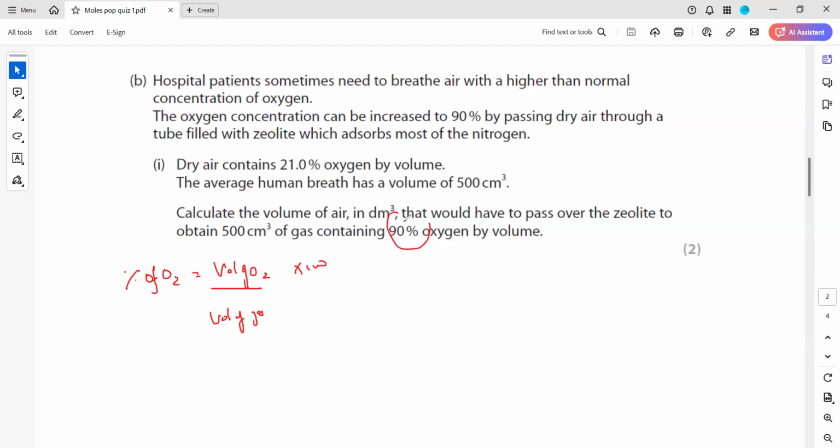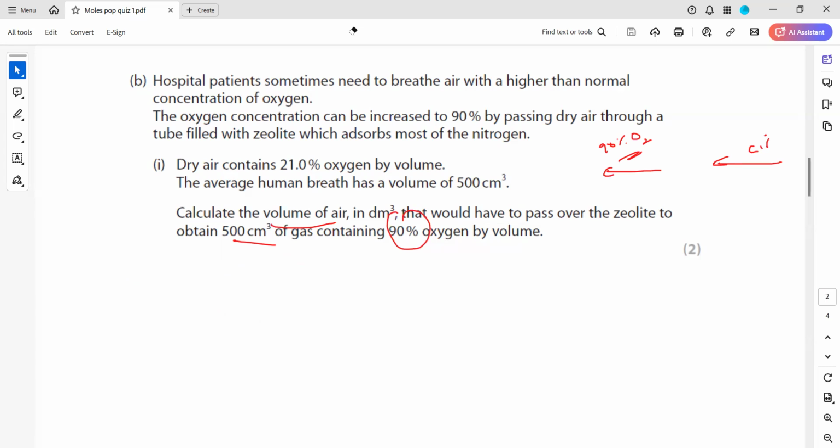So first we'll find the 90% of 500 because we should know what volume of oxygen we need. The question is, what is the total volume of air we should pass so the person will get 90% oxygen from this volume? So you can use this formula, or there's also another way.